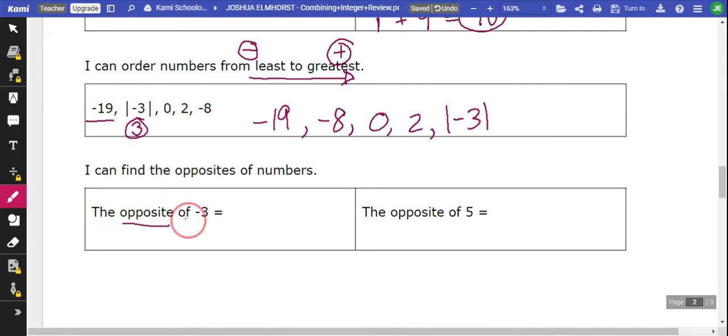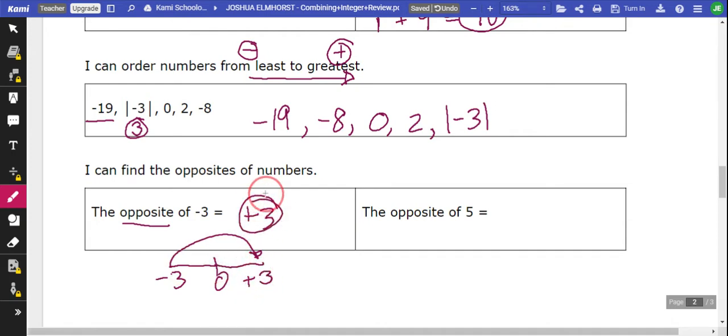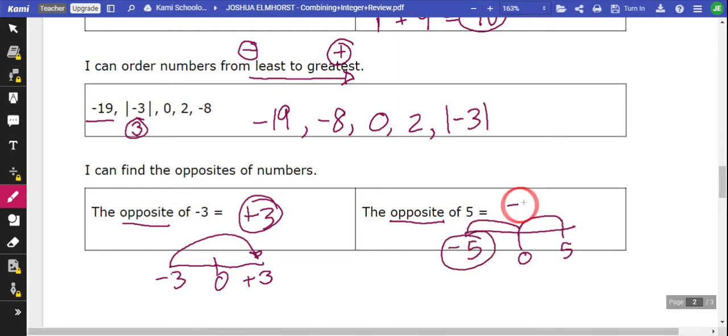So the opposite of negative 3 is positive 3. The opposite of 5 is negative 5.